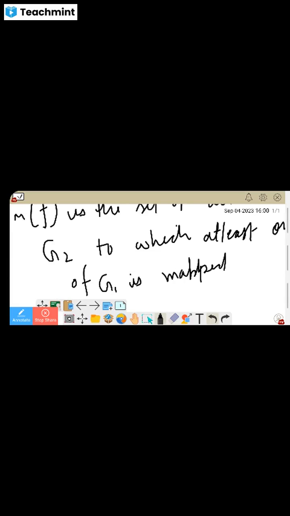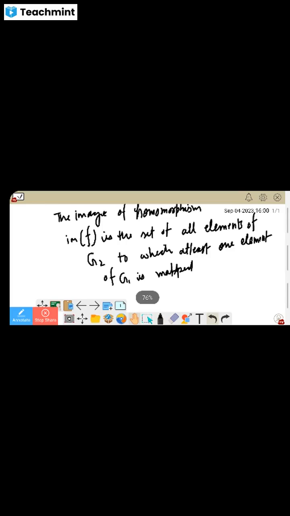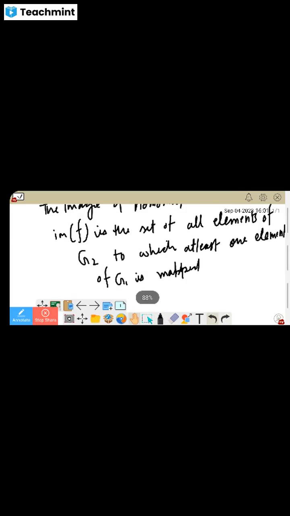What is the image of a homomorphism? It is the set of all those elements of G2 to which at least one element of G1 is mapped. Now you got it.